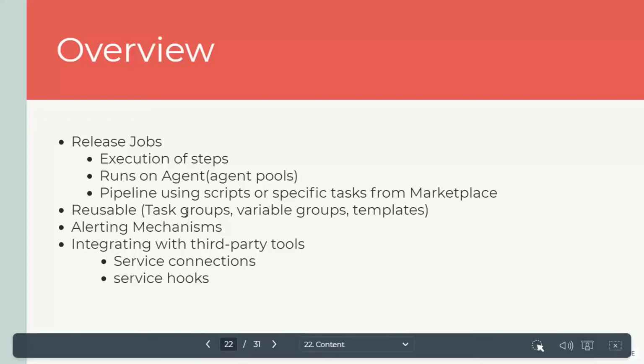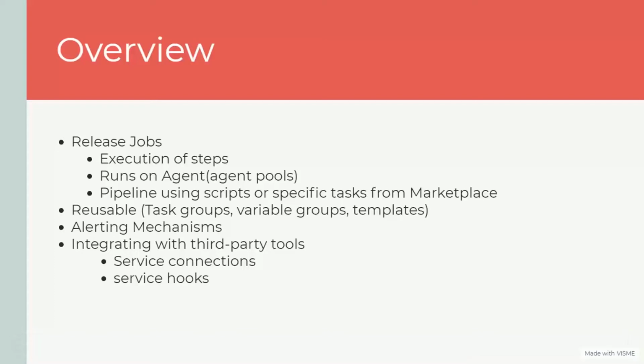So if you have task groups and variable groups, you can reuse those sections across multiple build and release pipelines. And sometimes you want to update a reusable function; you can just update it in one place, and wherever the particular task group is referred, it will be reflected automatically.